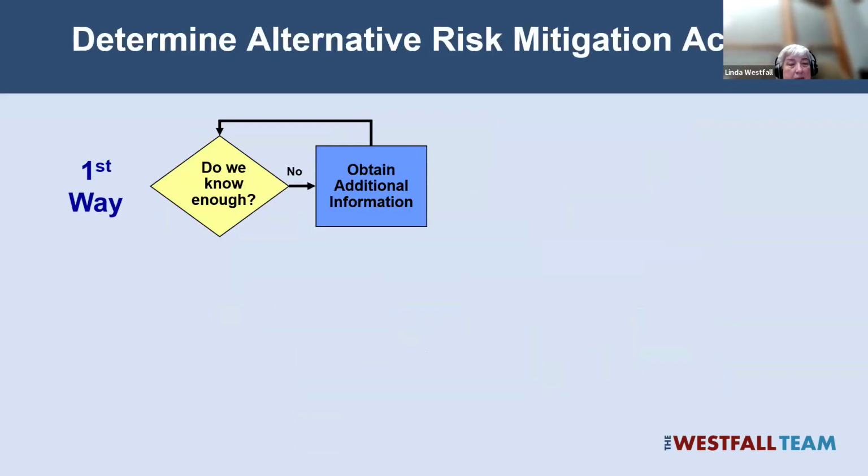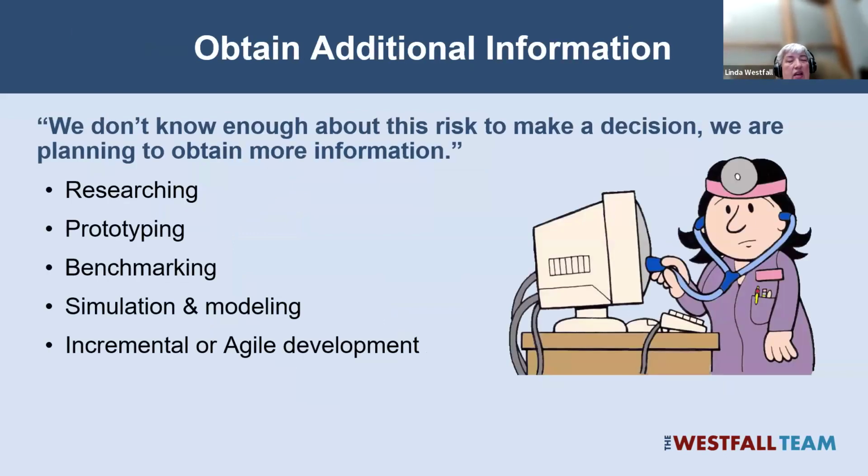So the first way to mitigate a risk is to decide whether we even know enough. If we don't know enough about the risk to do good analysis, to do good estimations, we may be willing to spend money to go obtain additional information. We can do this by doing research.